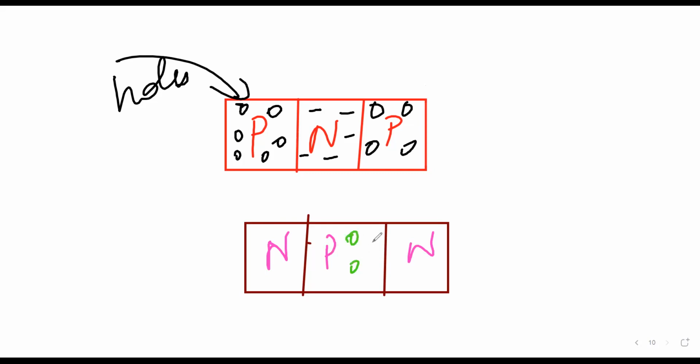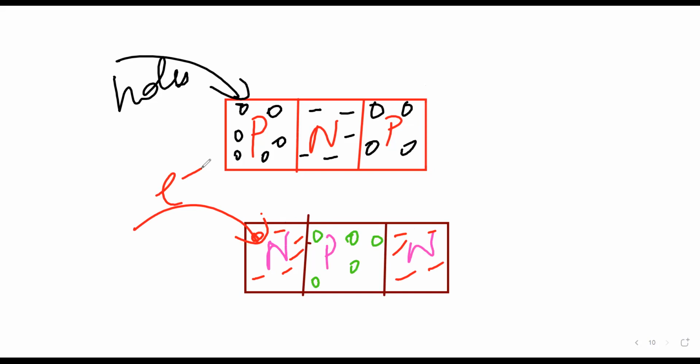In P side, I'll draw holes. N side, I'll draw electrons, negative charge, minus everywhere. I have to supply electrons for the transistor to go into forward bias.